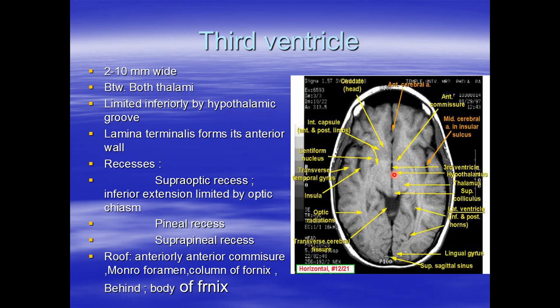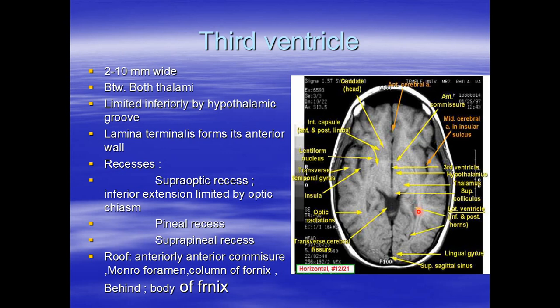Someone is asking which horns do not contain choroid plexuses. The frontal horn doesn't contain a choroid plexus, and the occipital horn doesn't contain a choroid plexus. The body of the lateral ventricle and the temporal horns contain the choroid plexuses. In the body of the lateral ventricle, the choroid plexus extends posteriorly, so some might suggest it's in the occipital lobe.